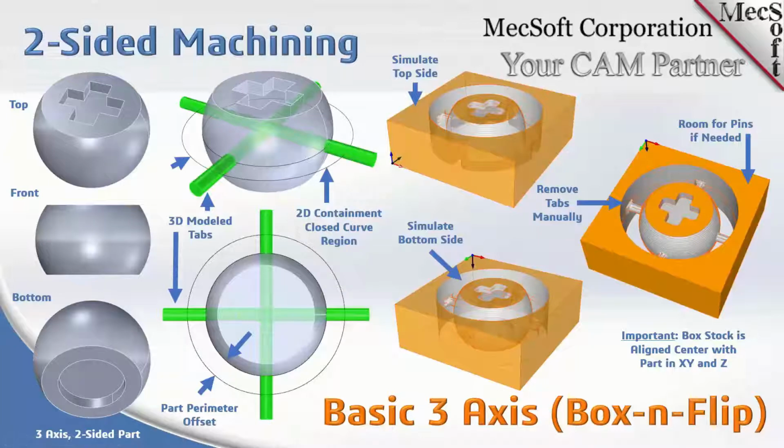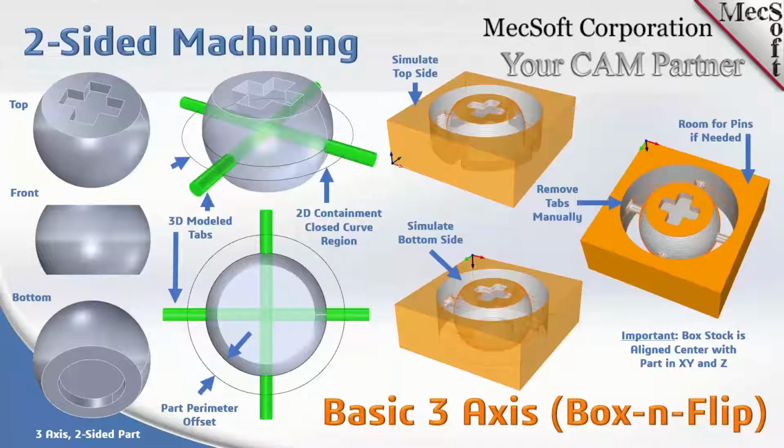The complexity of the part does not matter. The only thing you need to make sure of is that the part and the stock are aligned in the center. And I know you're going to ask me, well, what if it's not? We'll talk about how to do that in just a moment.